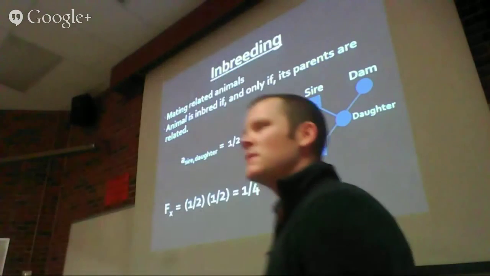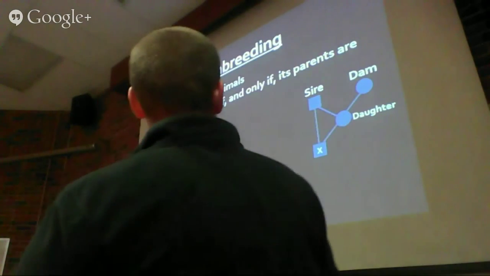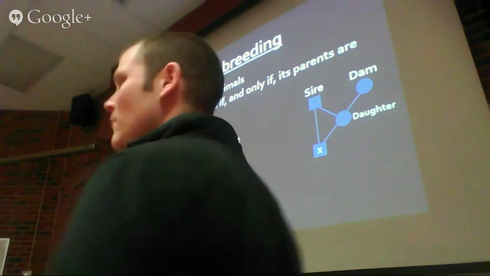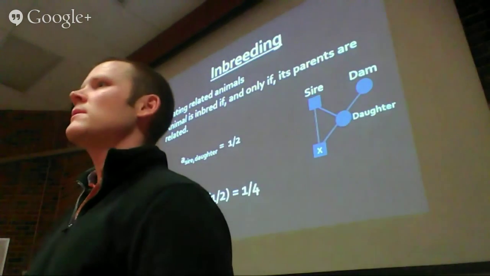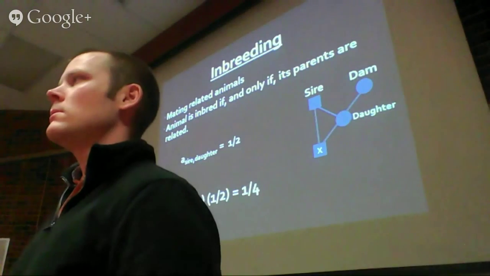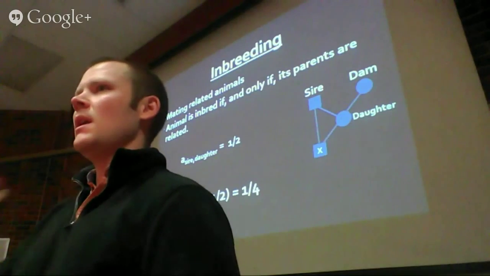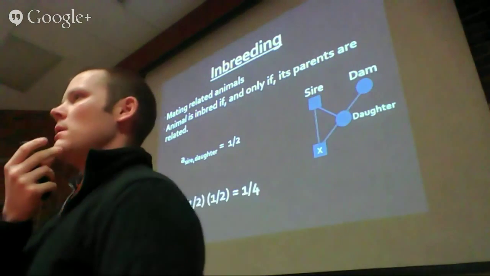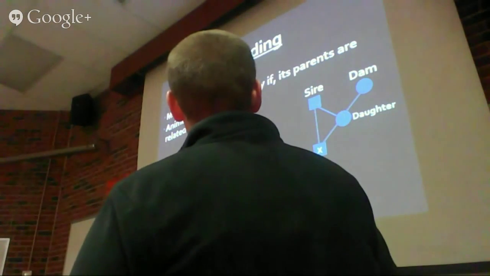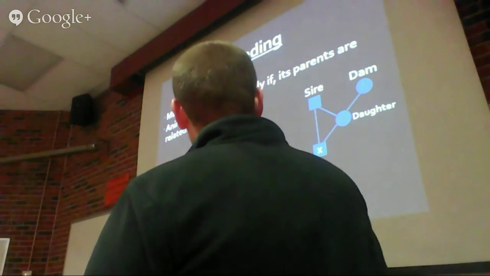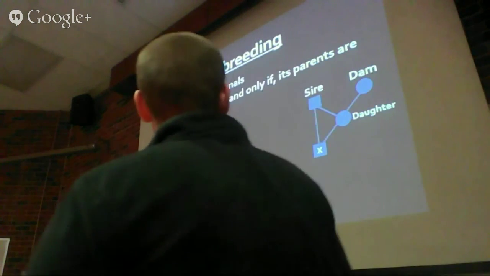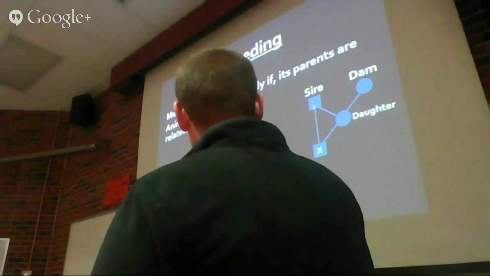Does anyone see something curious about the relationship between that sire and that daughter? In terms of what I've been doing following paths. Anyone want to ask a question about that? So you've seen me say, okay, we can go this way, we can go this way, we can go this way. If we're looking at the sire-daughter relationship, it seems like we could go this way, right?